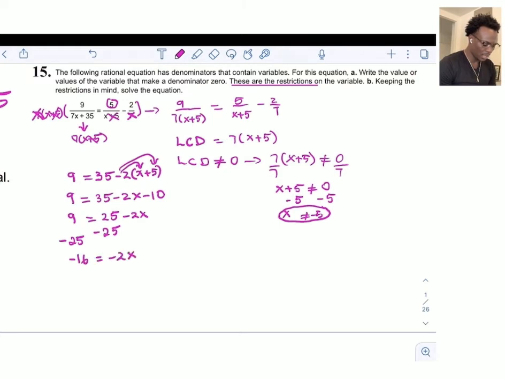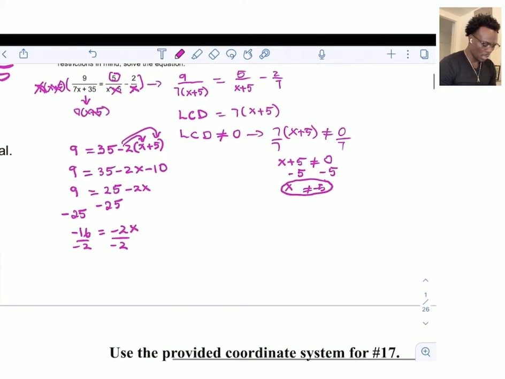Divide both sides by -2. So 8 equals x. Since the restricted value was -5, x equals 8 can be my solution.